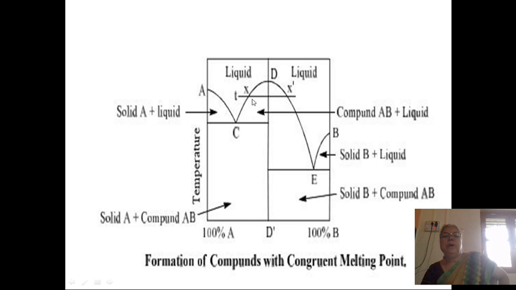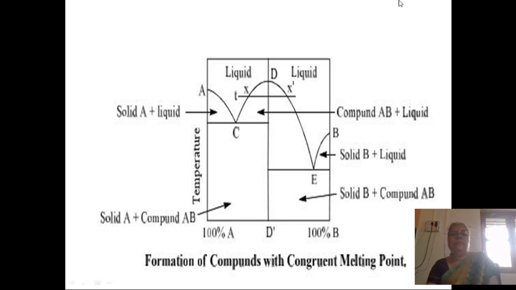Though these two points are at the same temperature, the solubility of AB at point X and at point X dash are not the same. The compositions of the solid AB at point X and at point X dash are not the same, and such a solubility is called retroflex solubility. Retroflex solubility. Remember that.